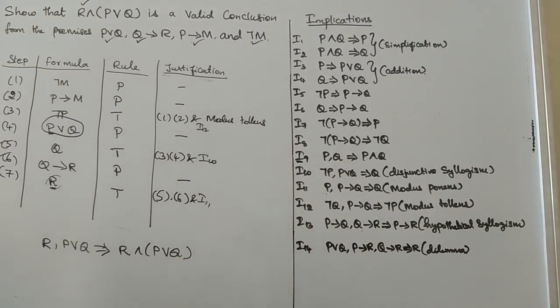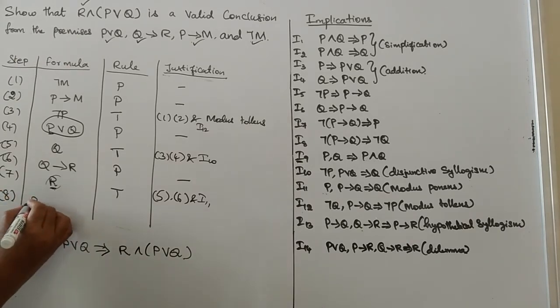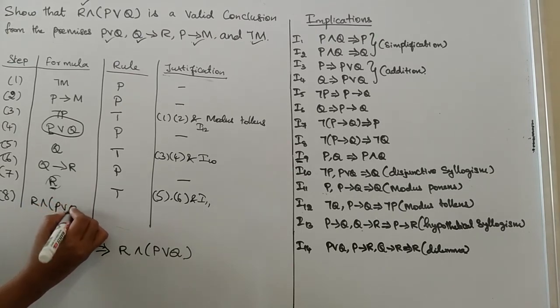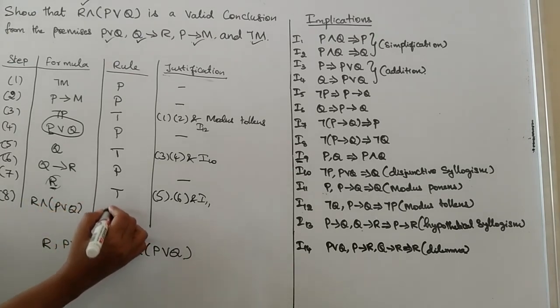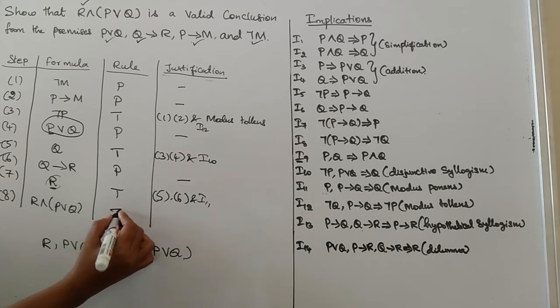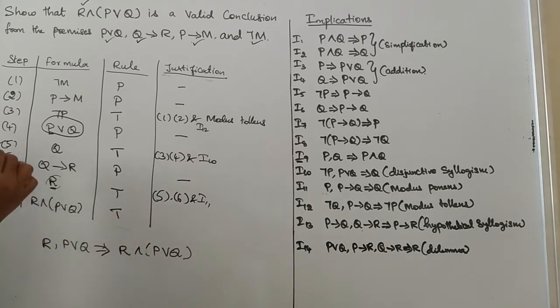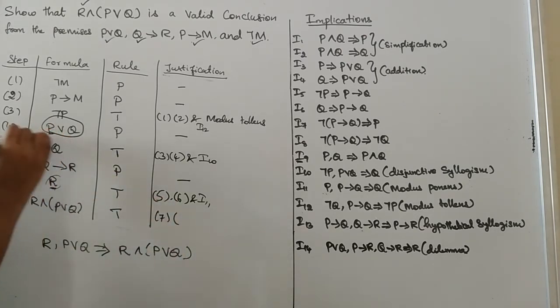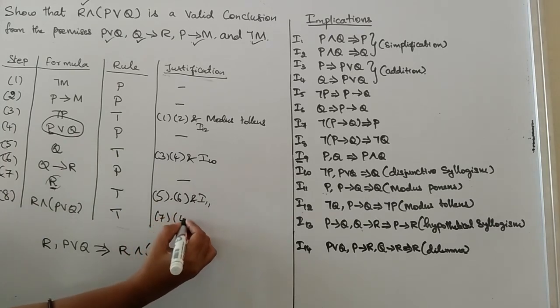So I write R and (P or Q), based on rule T. The statements I have used are step 7 and the formula in step 4, and the implication I9.